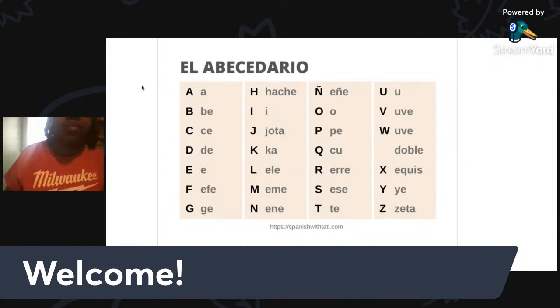Can't forget our verbs. Okay, so we have A, B, C, D, E, F, G. And G, I was telling some of my kids, can make the soft G sound, which is he, or the hard G sound, which is the English g sound, and it can make the j sound as well.